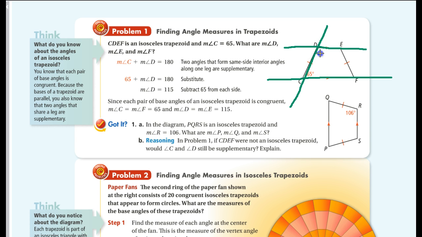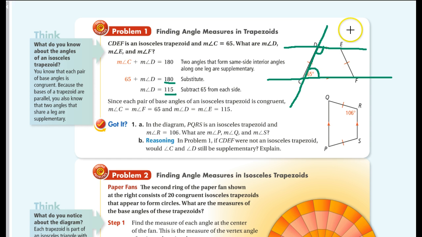So look at the interior angle CDE and then the interior angle DCF. They are going to be supplementary. Did I say congruent? I meant to say supplementary. So this one and this one will add together to be 180. So that allows us to figure out what D is, because I just subtract 65 from 180 to get 115.